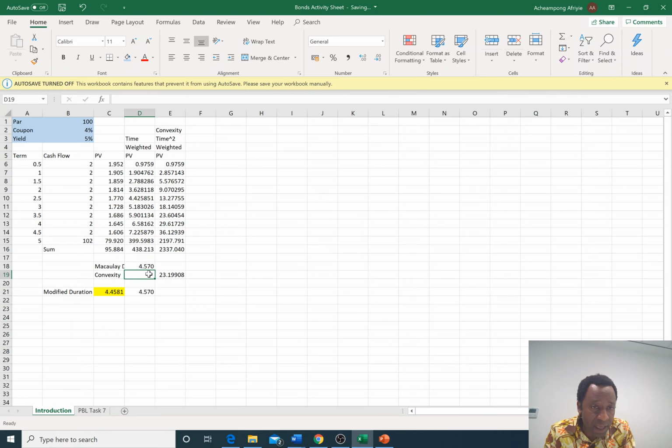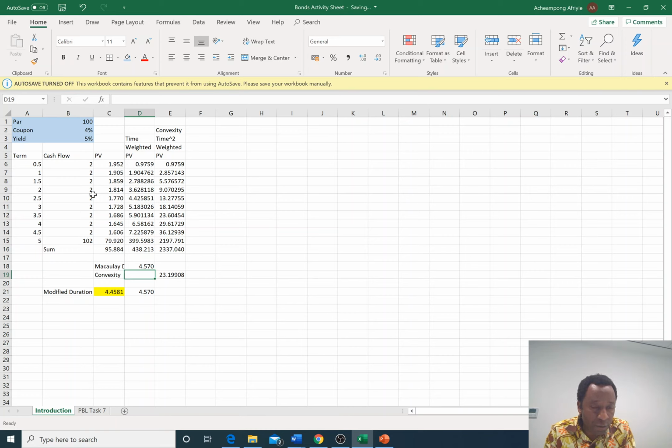You can see there that the duration of 4.5 is shorter than the term to maturity of 5 years. Okay, so we would use this duration in a minute to work out the percentage change in the price if the yield to maturity changes by a tiny amount.